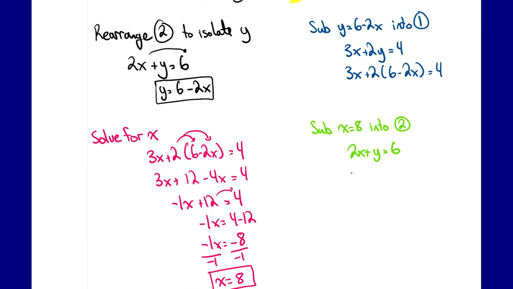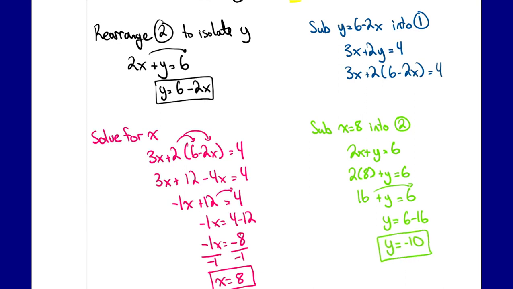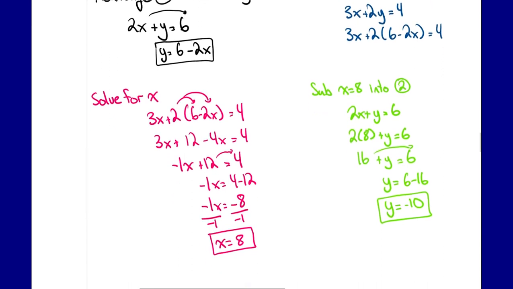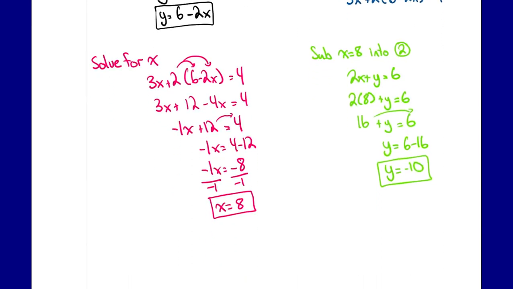Instead of x, we're going to write 8. So 2 times 8 plus y equals 6. I get 16 plus y equals 6. I'm going to move the 16 over. So y equals 6 minus 16, or y equals negative 10. Now that I have my x and my y values, I can say that therefore the point of intersection is 8, negative 10.